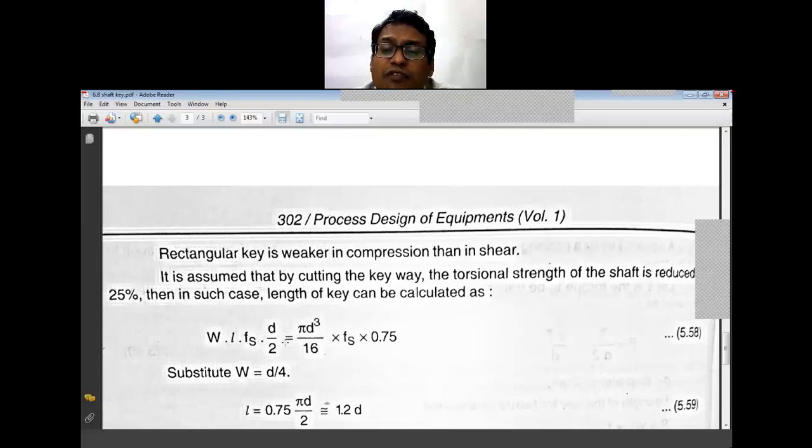So the strength of the shaft is reduced and will remain as Fs into 0.75. Then by substituting, the length will be calculated as 1.2 times the shaft diameter, when we take into consideration the 75% strength of the shaft.